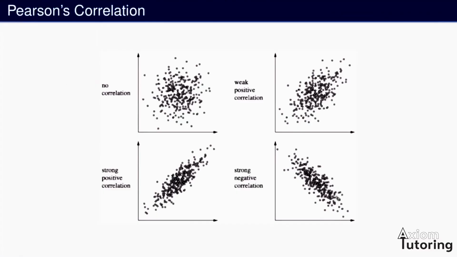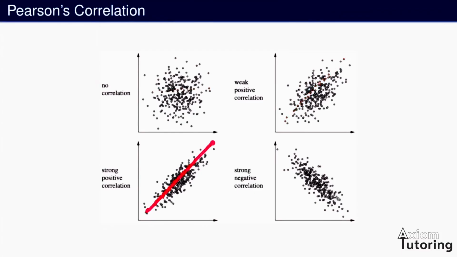If we look at these different scatter plots, we can see that here there doesn't seem to be any pattern in the data, and a horizontal line might be our best guess for the relationship between those two variables. Whereas in this case, there's a clear positive correlation.